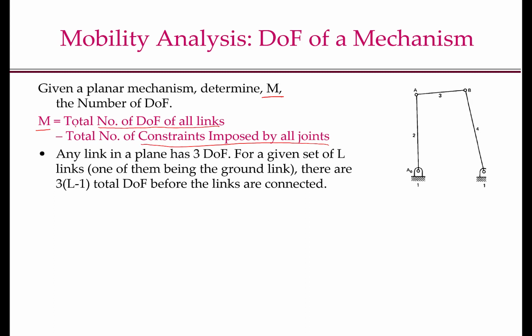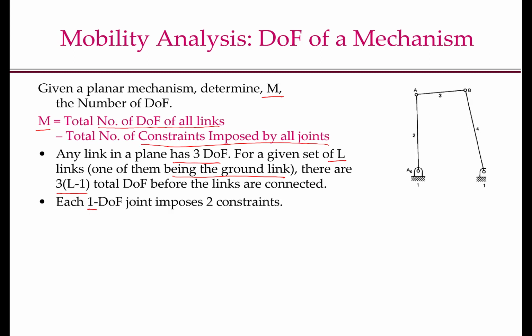Now, any link in a plane has 3 degrees of freedom. We are given L links, and one of them is the ground link. So there are L minus 1 links that can move. So there are a total of 3 times (L minus 1) degrees of freedom before the links are connected.